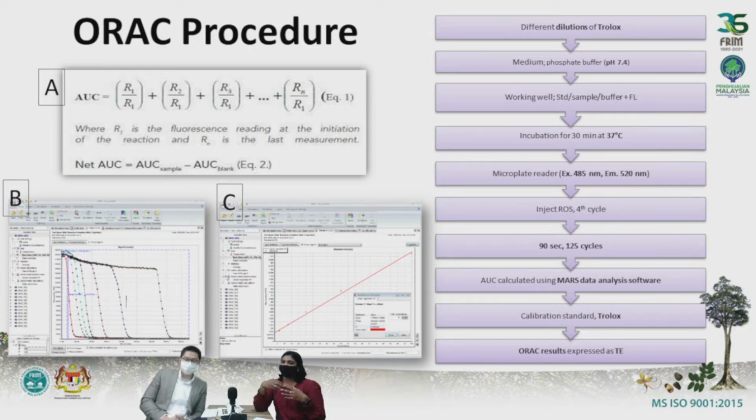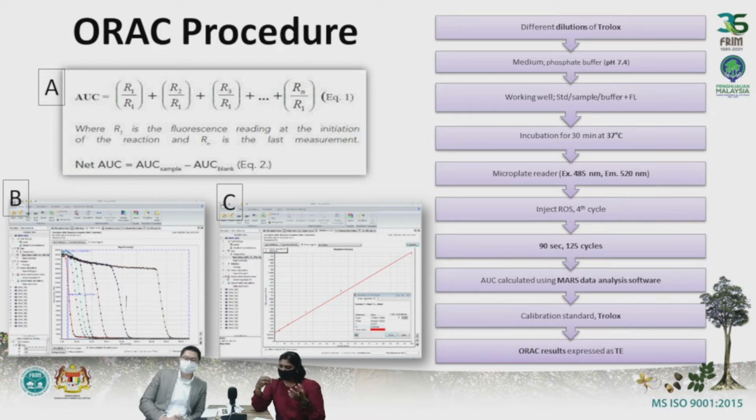So make sure that your microplate reader has the fluorescent reading mode, yeah, and the plate will be read at excitation of 485 nanometers and emission of 520 nanometers. Next will be the injection of the ROS. This can be done manually, and you can also do it automatically if you have an injector in your microplate reader.